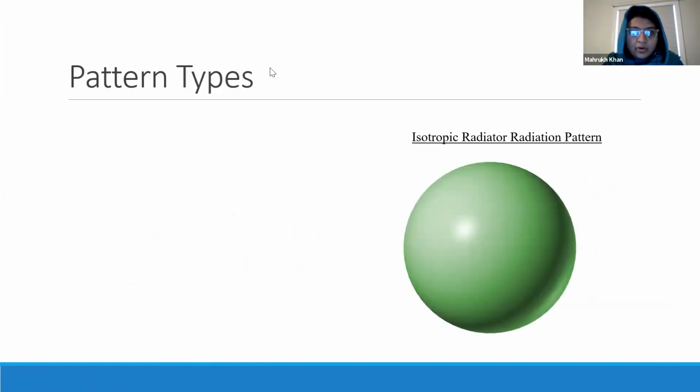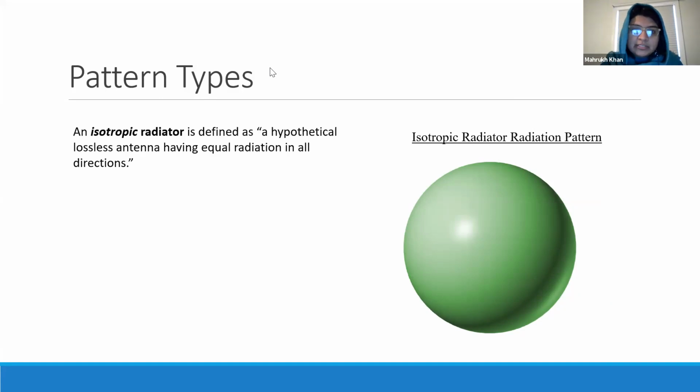So now there are some pattern types we want to discuss, okay? So this is the pattern of an isotropic radiator, which is an imagination. In the world, there is no isotropic radiator, okay? It's just hypothetical, like an imagined lossless antenna, which radiates equally in all directions. So that's called an isotropic radiator.